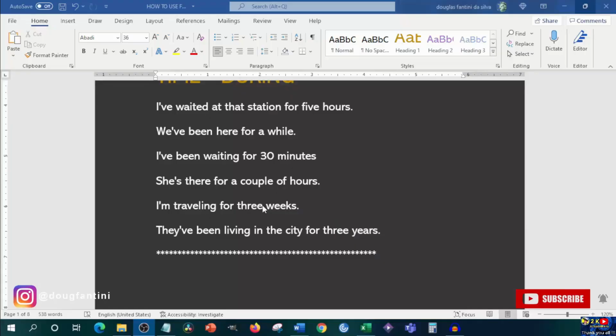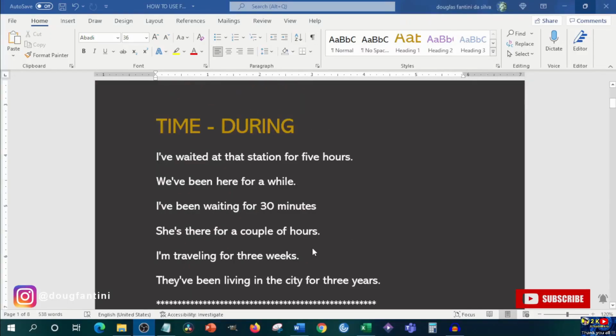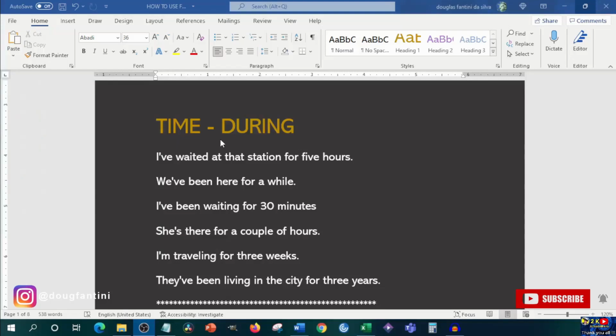So this person is traveling for a period of time corresponding to 3 weeks. They have been living in the city for 3 years. This is the period of time they are living there, okay? So when you talk about the time, you can use the word for in your example sentences, no problem.